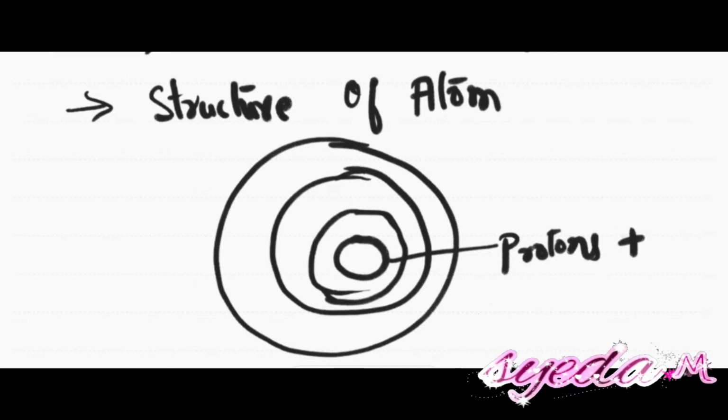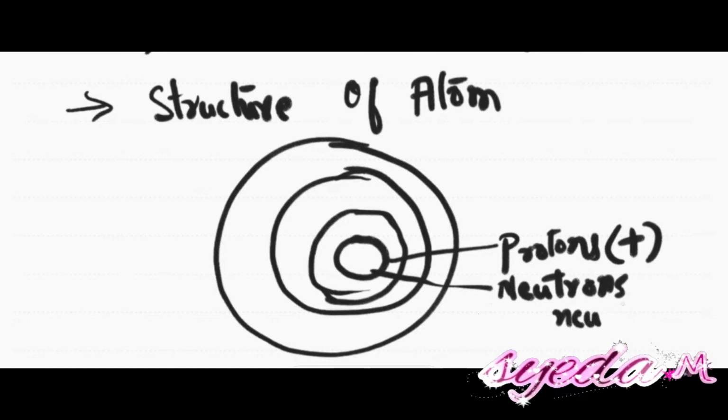It is positively charged. Then it also has neutrons. Neutrons, what are these? Do they have any charge? No. They are neutral. They do not have any charge. So proton and neutron together, we call them the nucleus.